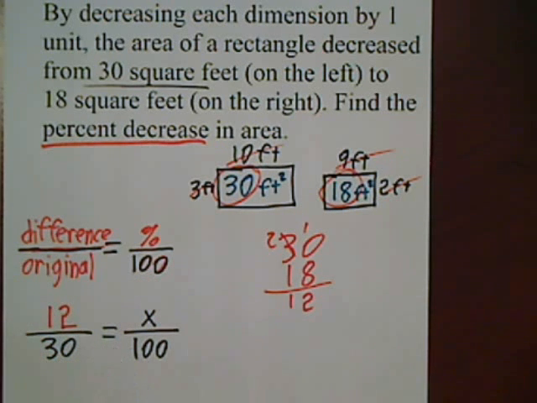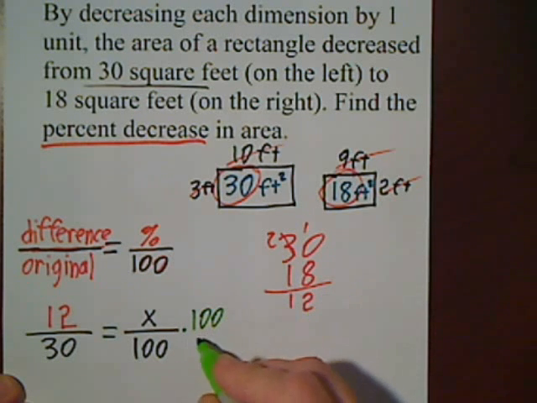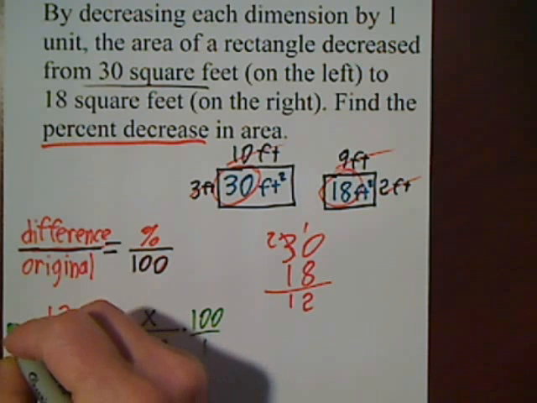And now you just solve for x. Some people advocate cross products. I really don't like to use that. Just do the algebra. Get x by itself. That means you want to get rid of the 100. It's held by division, so you use multiplication. That's really 100 over 1. And then you do the same on the other side.